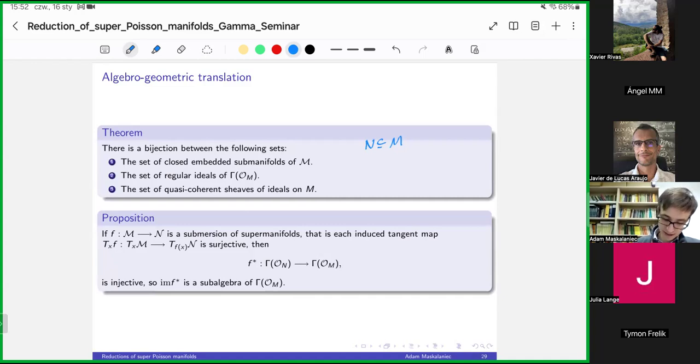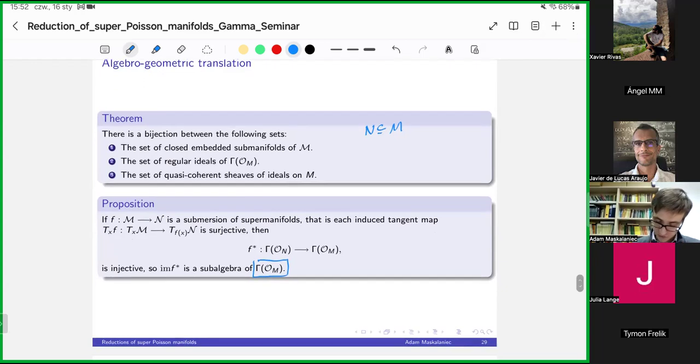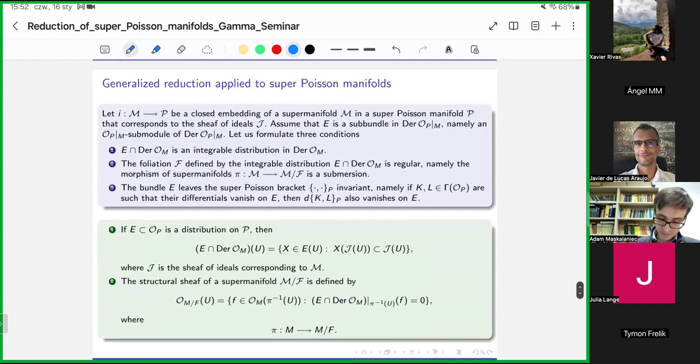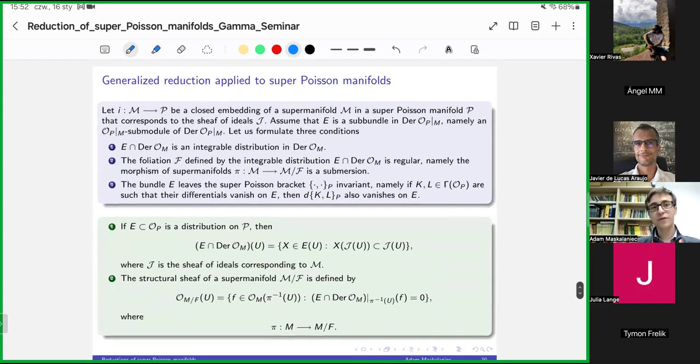So we obtain the subalgebra of sections of M. So this is just the algebraic picture of the previous version of our reduction. And then I would like to perform the reduction of super Poisson manifolds exactly following this generalized approach.